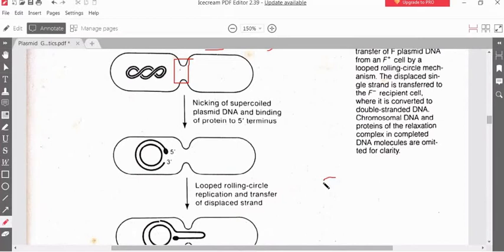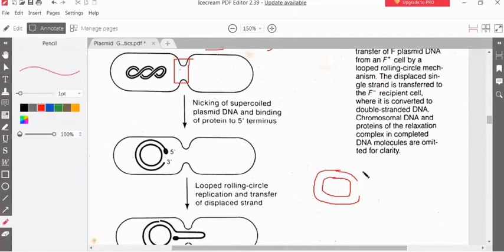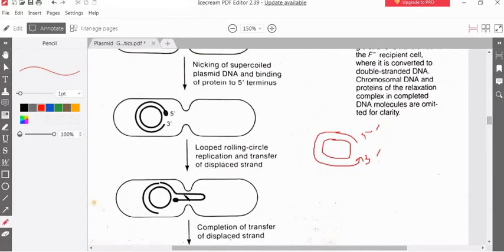So this is the initial structure, initially a circular structure, and when I make a nick, this nicking causes the generation of one side, that is the 5' end, and another, the 3' end, according to this picture. And if I can make this 3' end, I can transfer this 5' end, as you can see, via the conjugation tube into the recipient bacteria.